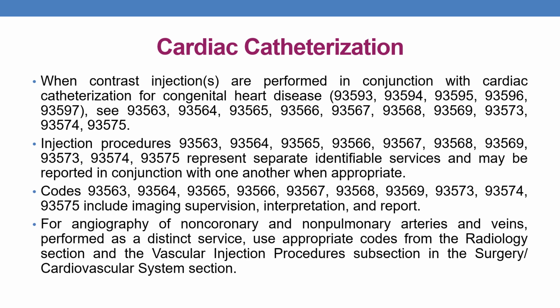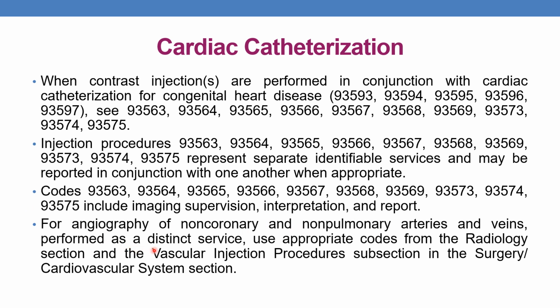When contrast injections are performed in conjunction with cardiac catheterizations for congenital heart diseases, then you need to see the codes 93563, 564, 565, 566, 567, 568, 569, 573, 574 and 575. These injection procedures represent separately identifiable services and may be reported in conjunction with one another whenever appropriate. And they include image supervision, interpretation and report.